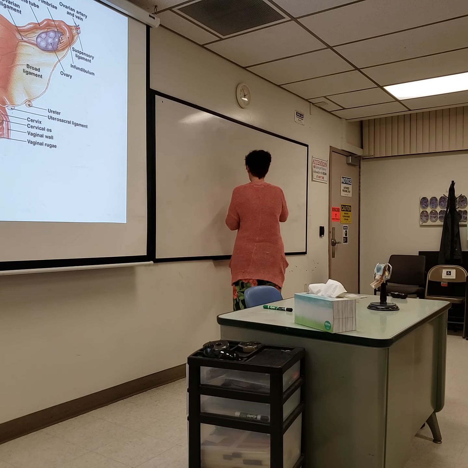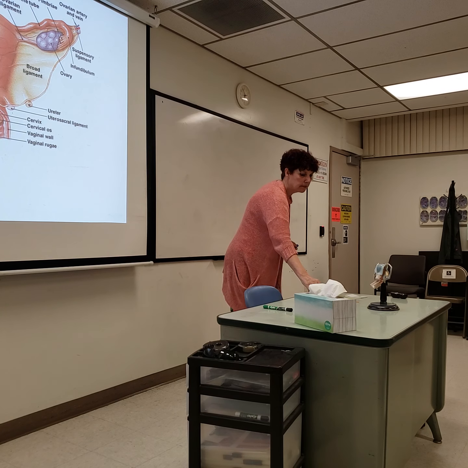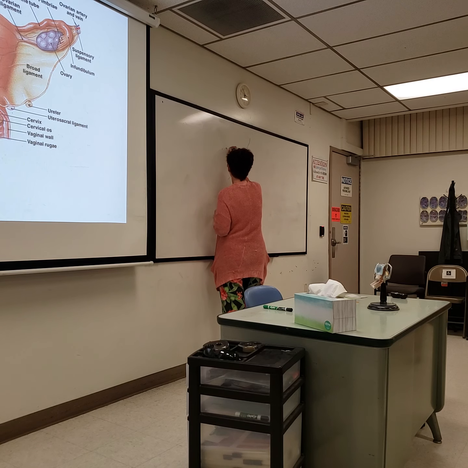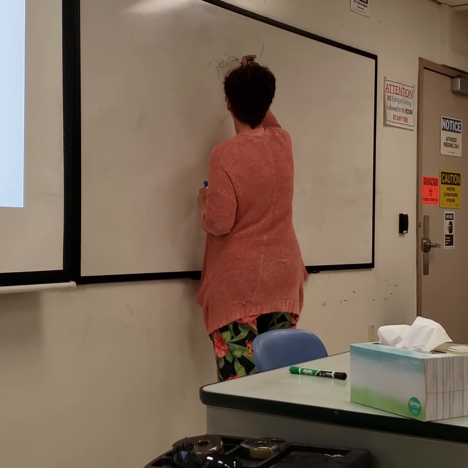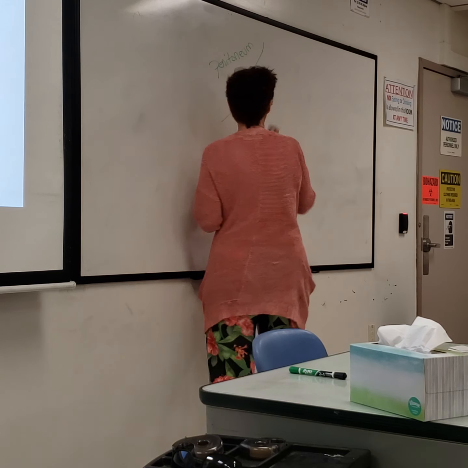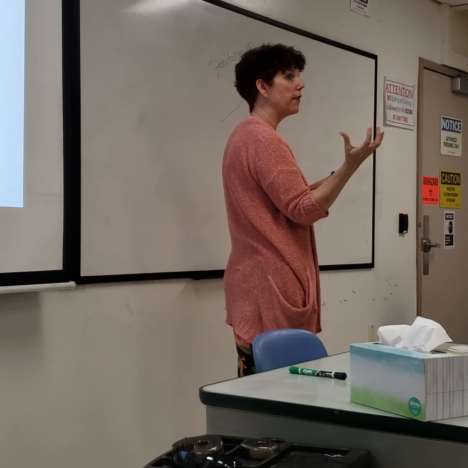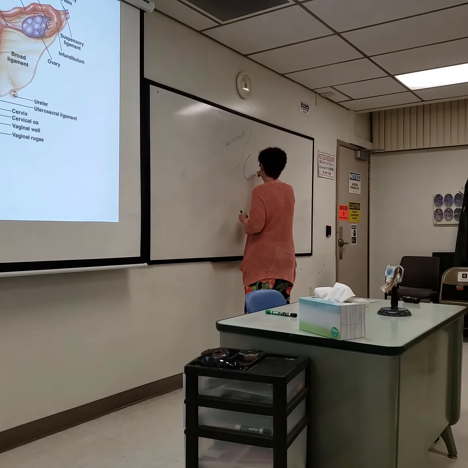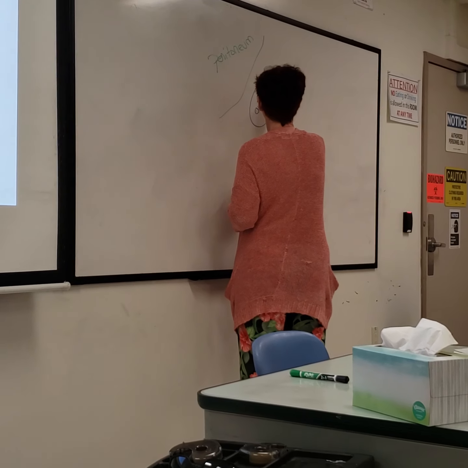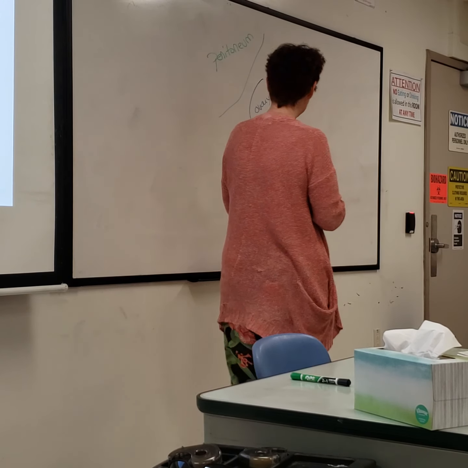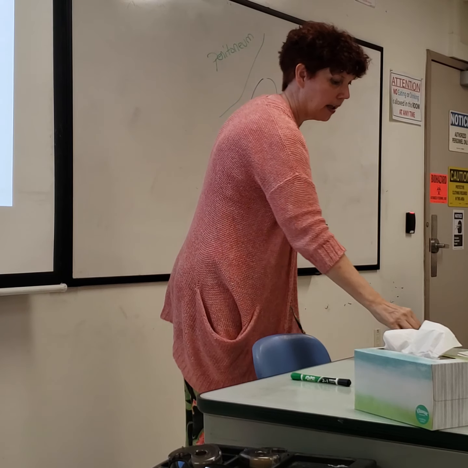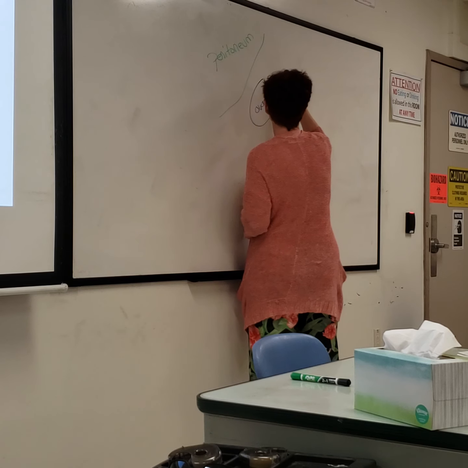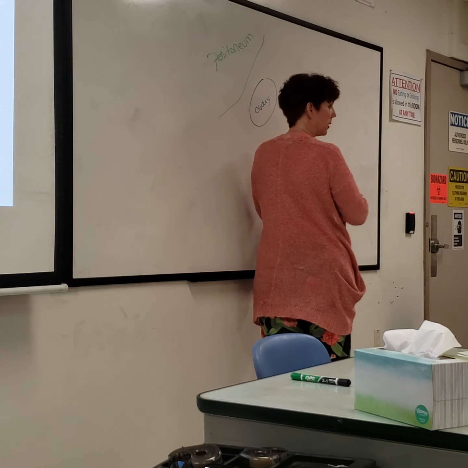But if we have the peritoneum, the ovary is developing posterior to that, just like the testis did. And what did we call the ligament that attached to the superior aspect of the testis and connected it to the posterior abdominal wall?